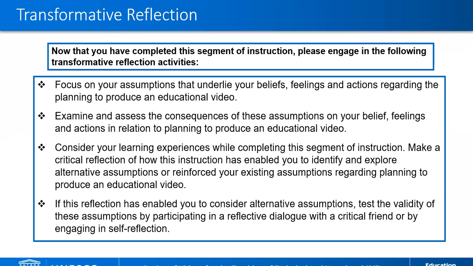Consider your learning experiences while completing this segment of instruction. Make a critical reflection of how this instruction has enabled you to identify and explore alternative assumptions or reinforced your existing assumptions regarding planning to produce an educational video.